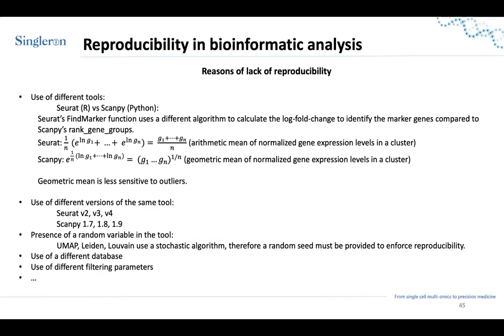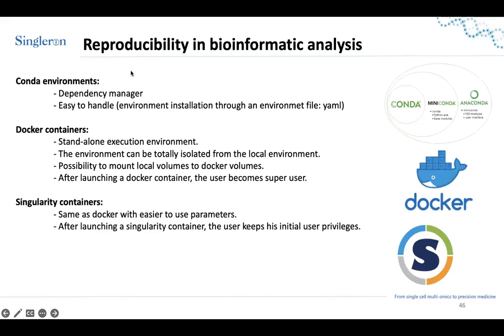At least the thing that you can control is the version of the different packages that you use. And therefore, it is highly recommended to work with a Conda environment, for example. So you install everything in a Conda environment so that anything that you would install outside this environment will not affect your installation within this environment.